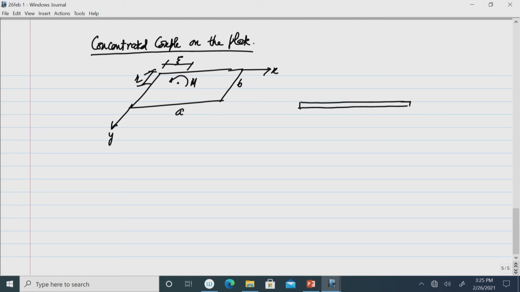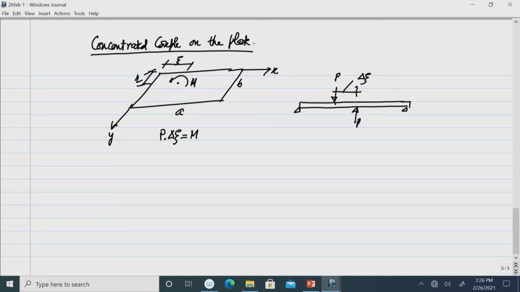Suppose I am drawing a section of the plate where the couple is acting. We replace this couple by two equal and opposite forces, say P, acting at a distance del xi, such that P into del xi is equal to M. The external moment is replaced by two equal and opposite forces acting d xi apart as shown here.